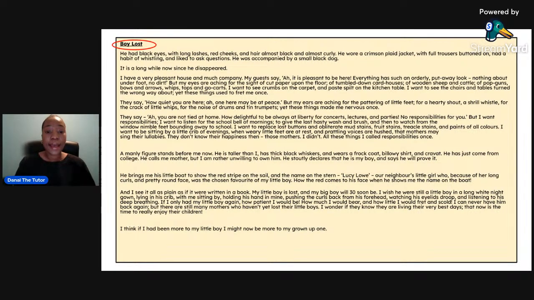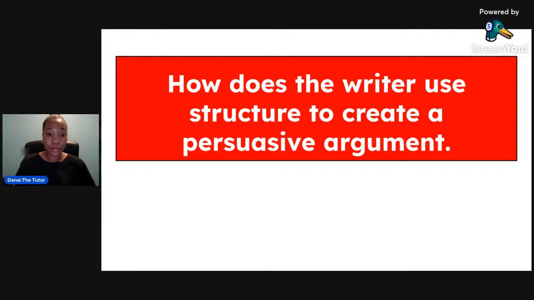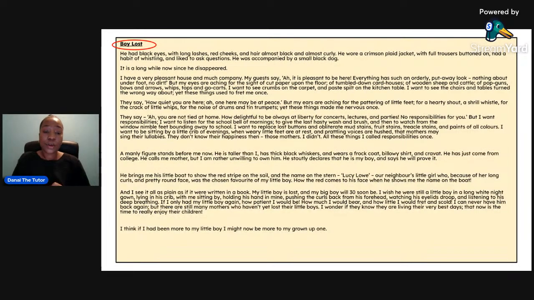Okay. And I'll remind you of our question. How does the writer use structure to create a persuasive argument? So last week, when we were looking at language, we established that the writer has a specific message. The fact that they want other parents, and they specify mothers, to cherish the time that they have with their children whilst their children are young.